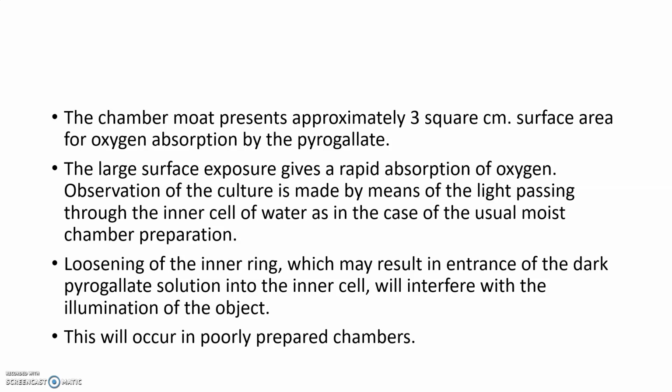The chamber moat presents approximately 3 square centimeter surface area for the oxygen absorption by the pyrogallate. The large surface exposure gives a rapid absorption of oxygen. Observation of the culture is made by means of light passing through the inner cell of water, as in the usual moist chamber preparation.